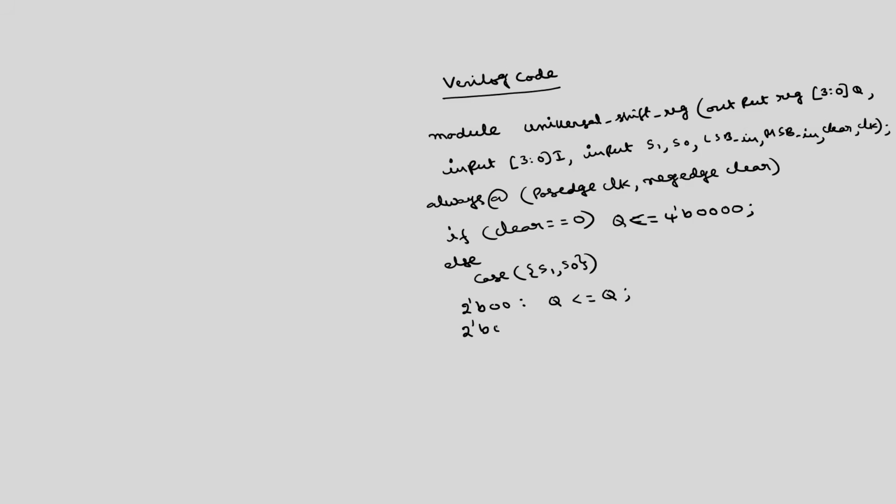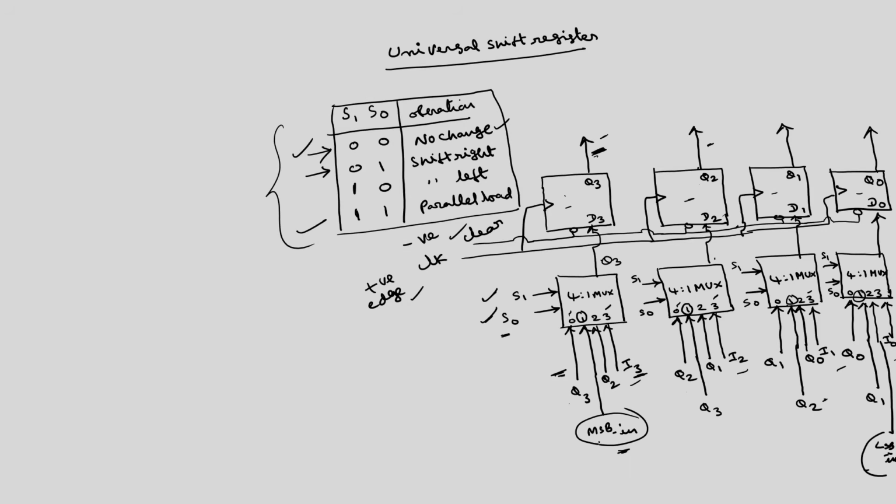2'b01, what will be Q? This is shift right. If I follow the order from MSB to LSB, MSB in, then the second bit is Q3, Q2, Q1.